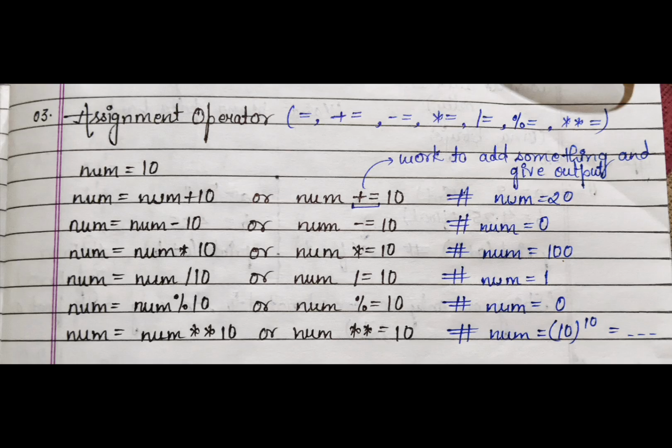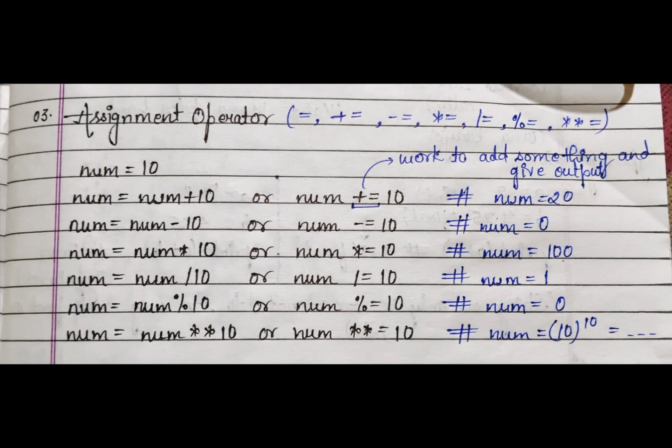So instead of writing num is equals to num plus 10, we just simply write num plus is equals to 10. So instead of writing a long code, assignment operators help us to write a simple code, a code which looks more effective, simpler, and better.